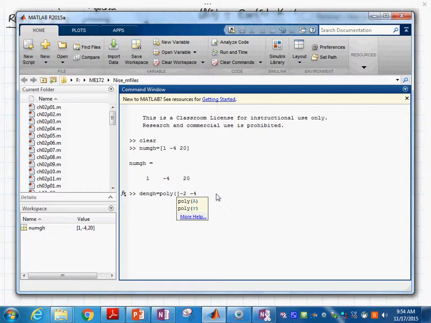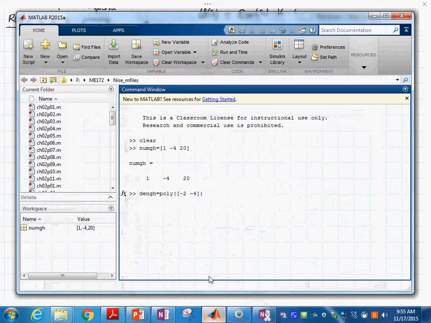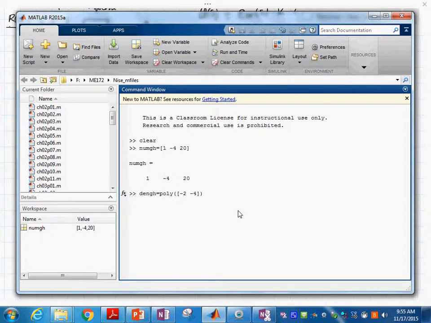Does everybody see why I'm saying roots -2 and -4? Let me just bring it back. See here? If you set this to 0, s equals -2 and s equals -4 are the roots. So we specify it that way, and MATLAB also converts it into a polynomial.